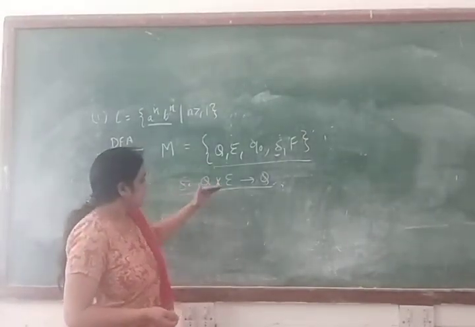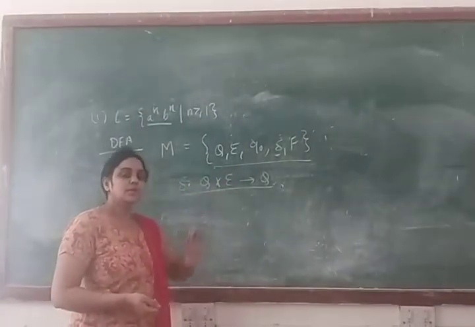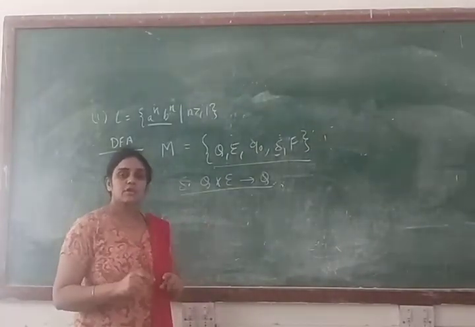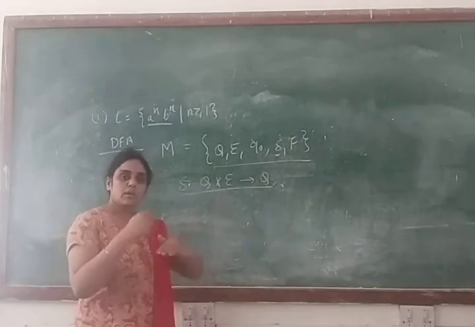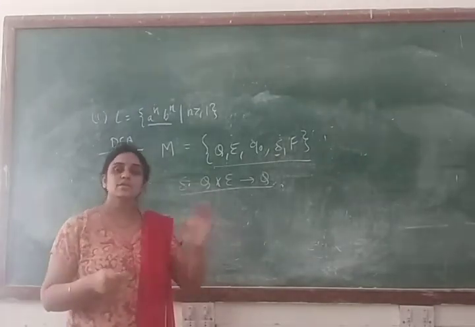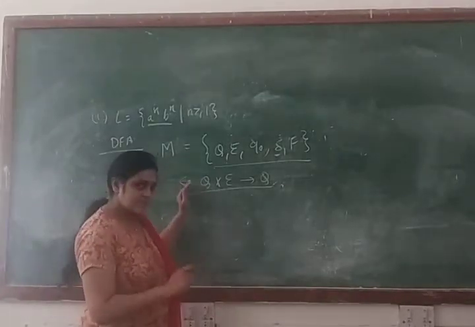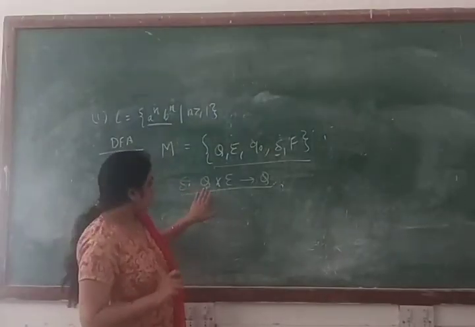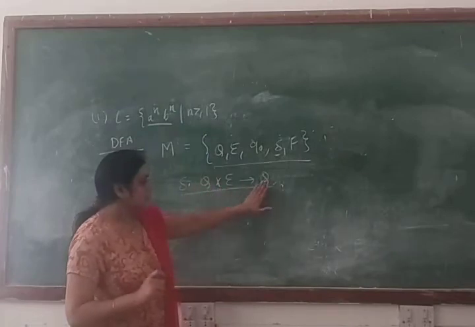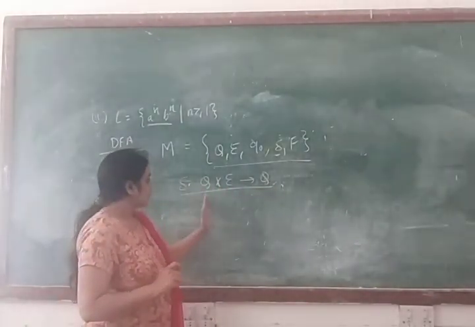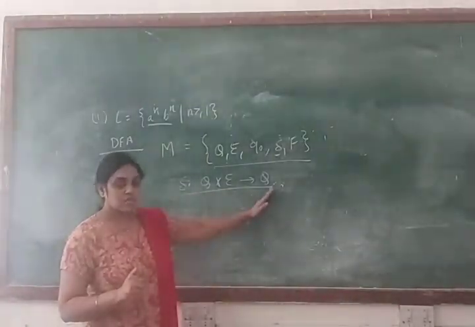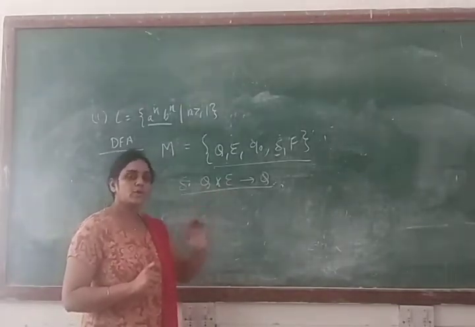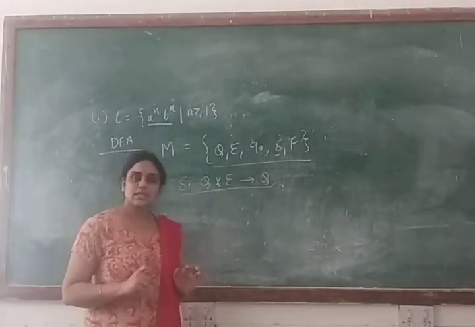Basically by using any input symbol you are moving from source state to destination state, and that is the meaning of transition. Transition means moving. You are moving from one place to another place by using input symbol. So basically this thing we represent by using a transition function. So what is the transition function for the DFA? Capital Q cross sigma implies capital Q, means from the source state to destination state you are using input symbol. So by using input symbol you can move from source state to destination state.